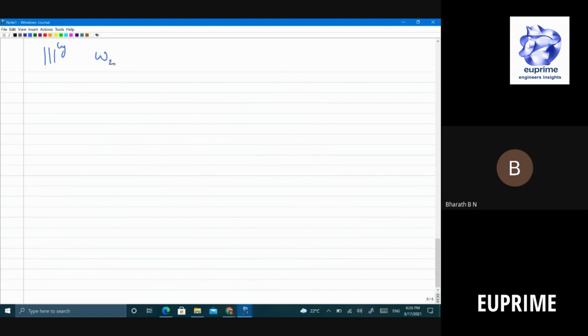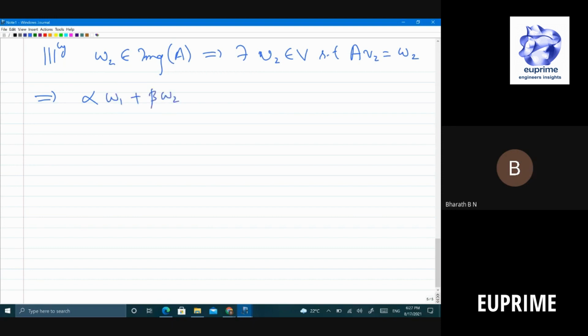Similarly, w2 belonging to the image of A implies there exists a v2 in V such that Av2 is w2. Now I can write the linear combination of w1, w2 in terms of Av1, Av2. So alpha w1 plus beta w2, I'll write it here.